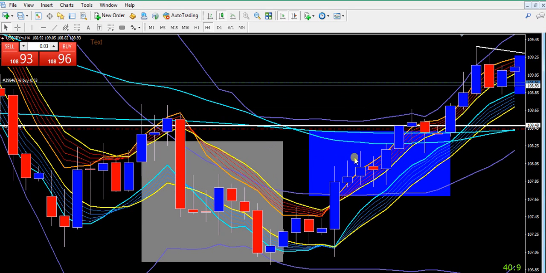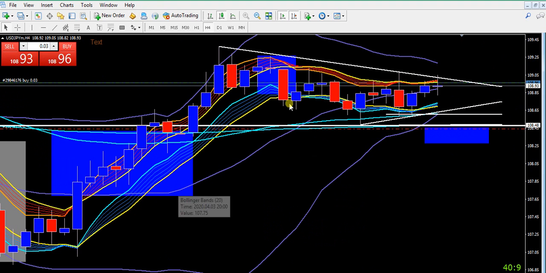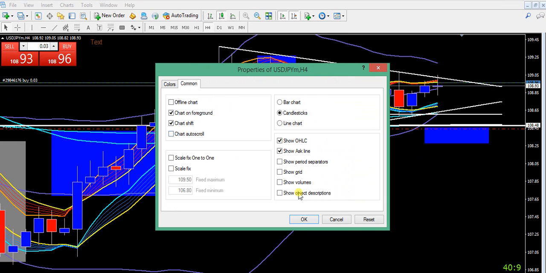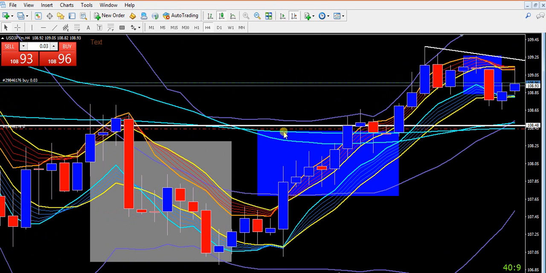Okay, in the blue box, price is above the middle Bollinger Band, but price is below the moving average 250. For me this is the flat area.